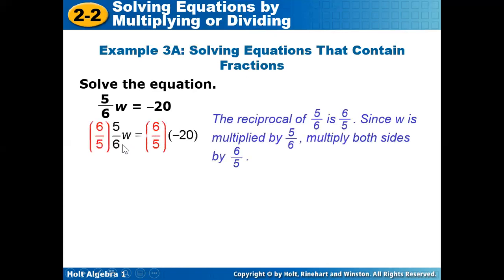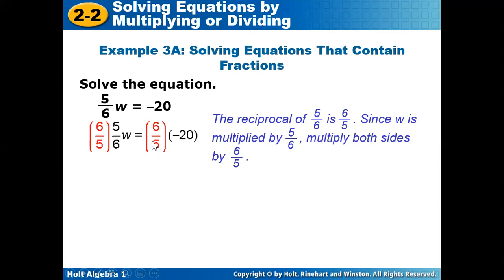And when we do that, we multiply by the reciprocal. Switch the numerator to the denominator. These cancel out, right? Because you would multiply straight across. 6 times 5 equals 30 as the numerator, and 6 times 5 is 30 as the denominator, and 30 over 30 would equal 1, still leaving us with our w by itself.